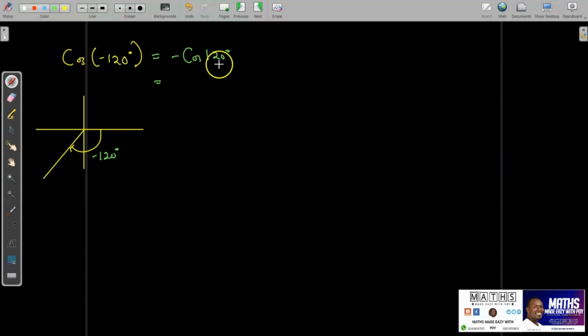The last time we spoke about it, all the angles have their special angles within them. So 120 degrees, what special angle can we get from it?